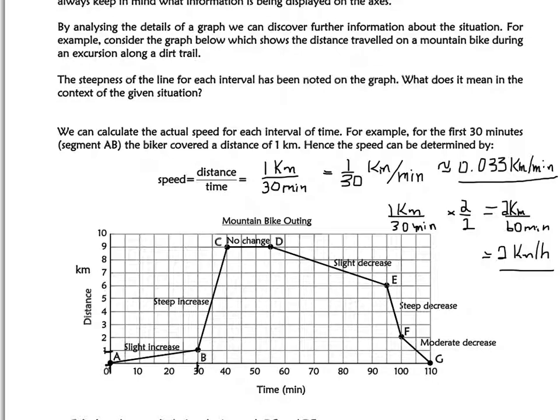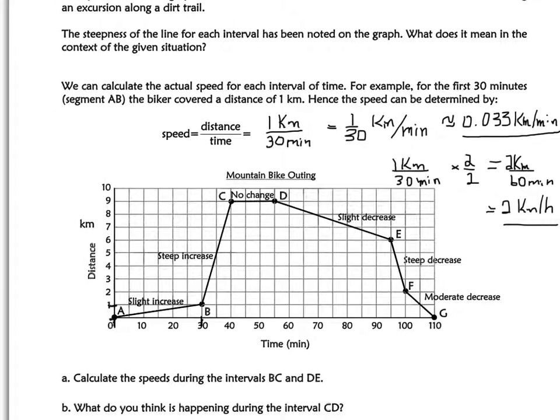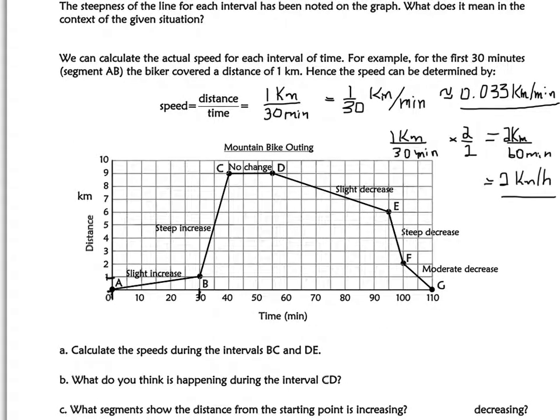Now if we look at some questions related to this graph, it asks you to calculate the speeds during the intervals BC and DE. If we look at BC, point B has a height of 1 kilometer on the vertical axis, and C is at a height of 9 kilometers, so that would be a change in distance of 8 kilometers traveled, 9 take away 1.